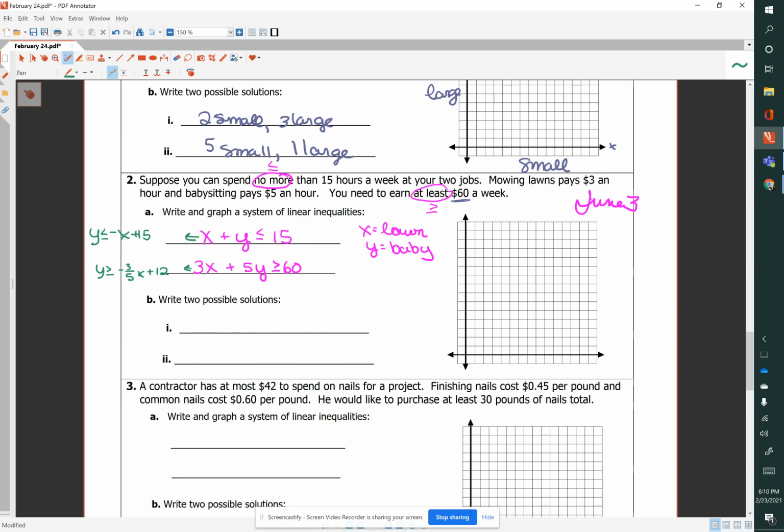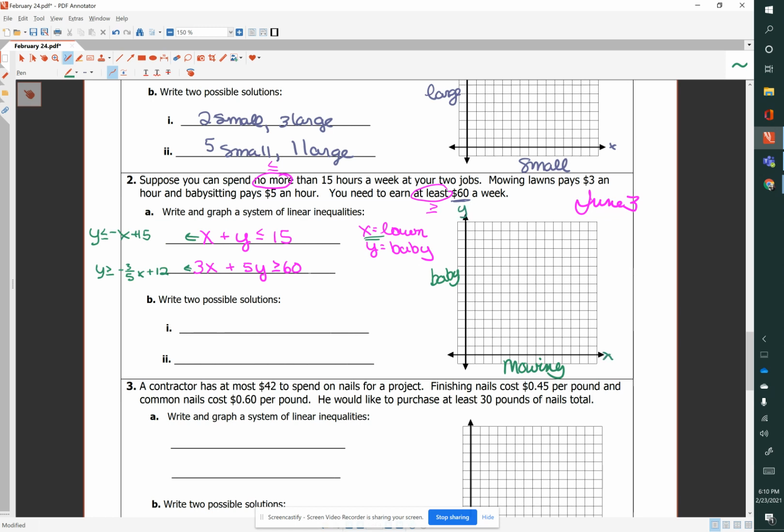Okay, now we've got our two inequalities. So let's go to Desmos, but before we do, let's just kind of see what's going on here. The mowing is our x-axis because we've defined that as x, and the babysitting is our y-axis.